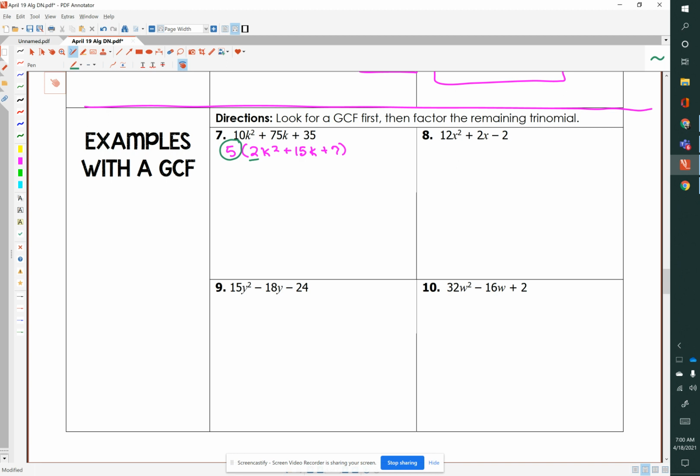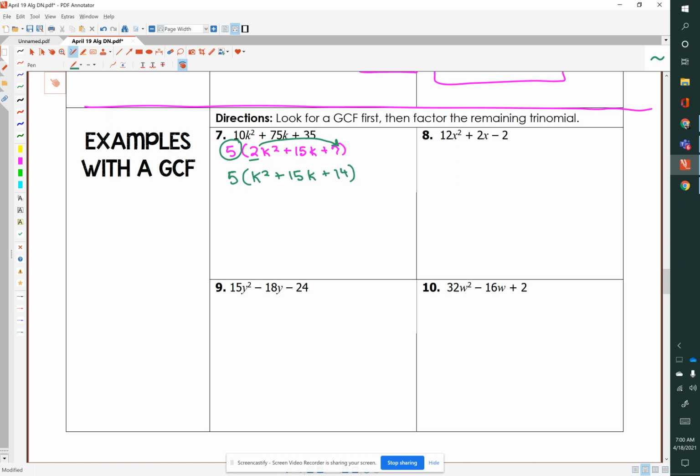We're basically doing everything we did in the first 6 problems. So I'm going to slip 2 next to the 7 and multiply. So I have my leading greatest common factor of 5, k squared plus 15k plus 7 times 2 is 14.